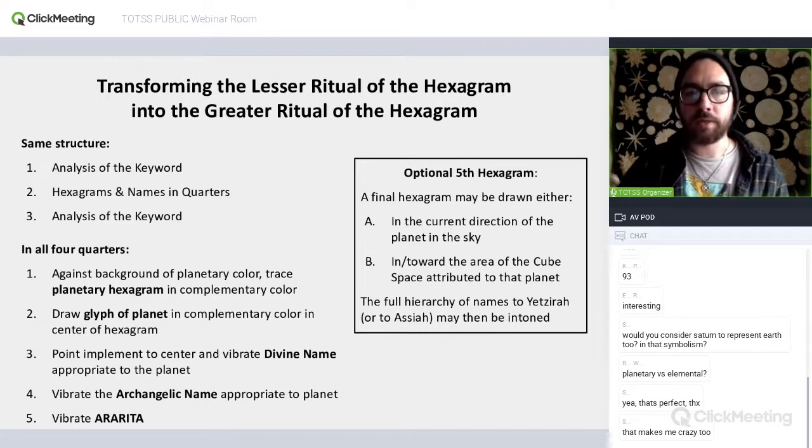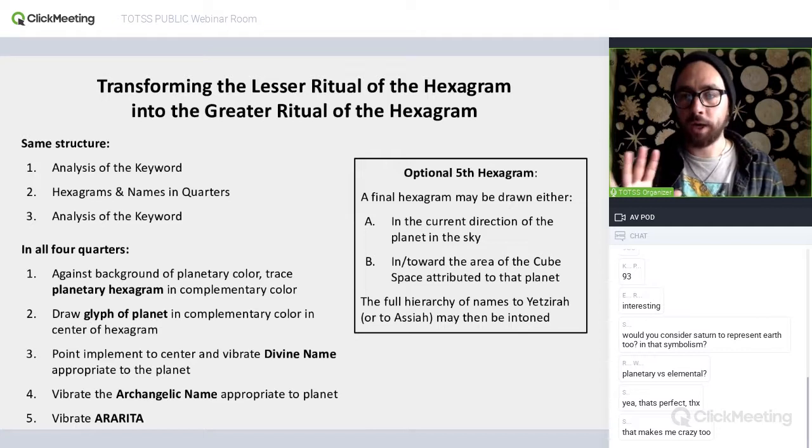And in the coming weeks, I think we'll build up all the tools that you'll need to be able to figure out, just by looking at a chart or even just by thinking about it, if you're tracking the ongoing transits and motions of the planets, which direction that planet is relative to you right now. So you can draw the hexagram in that direction, or you can draw it in the direction of the cube of space, and we'll see in a moment how that works.